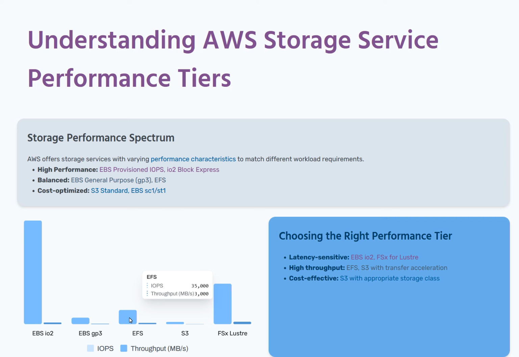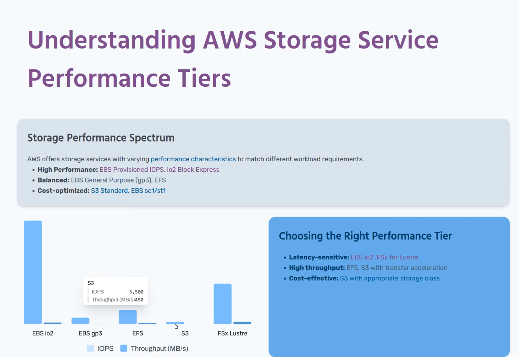And then EFS, that's a lower but elastic file system. The IOPS, you can go a little bit faster than general purpose, so it's 35,000, sort of a double. And throughput, you can go to about 3000 megabits per second, nearly 3 GB.